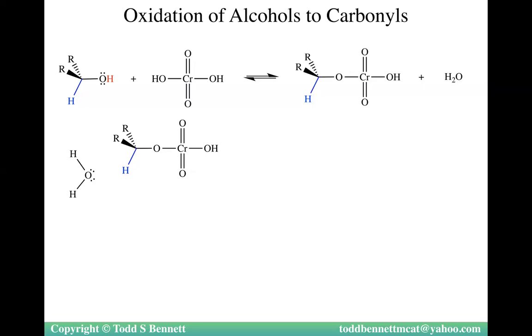Water is just going to help facilitate transfer of charge. But I have this alcohol group now. If we take this H off, these electrons can go to the O, and those electrons can go back to the chromium.